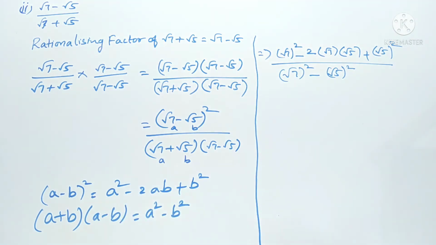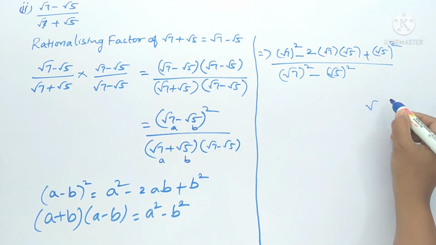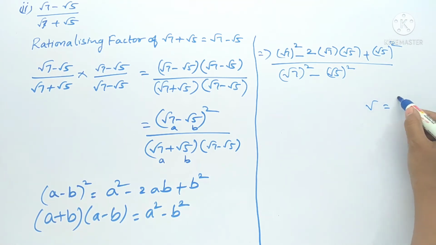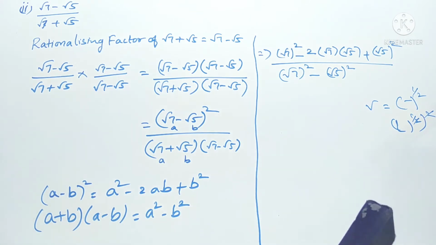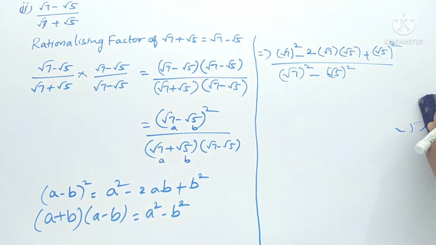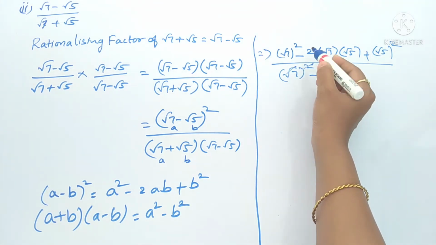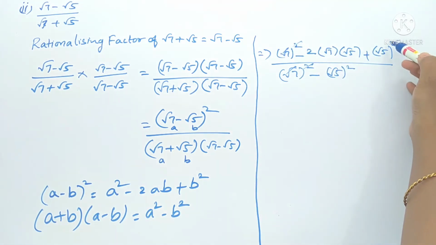Okay, so I told you, square root means whole power 1 by 2. So square root whole square means whole power 1 by 2 whole square. Then this 2 and 2 will get cancelled. That means the square root will disappear. So square and square root both will get cancelled wherever it is.